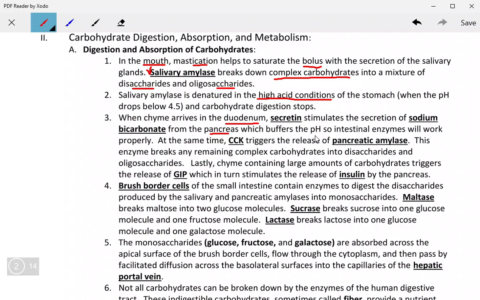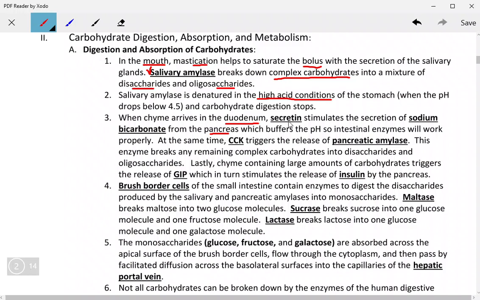So remember, acidic chyme comes in from the stomach into the duodenum, and that could be a problem because the duodenum is not built to handle that acidic chyme. So we need to neutralize that acidic chyme. And this is done through what? The secretion of sodium bicarbonate from the pancreas, and the pancreas will release this under the influence of the hormone secretin.